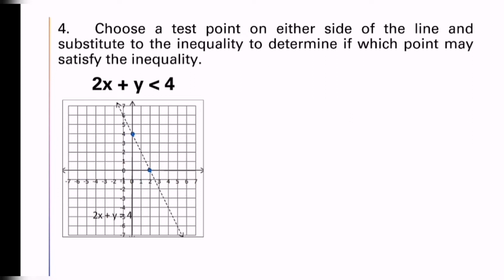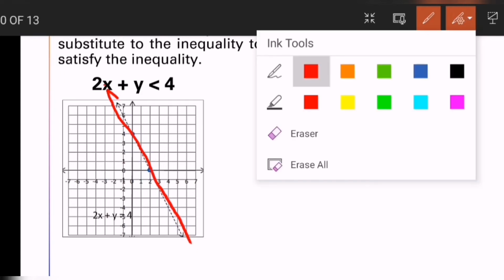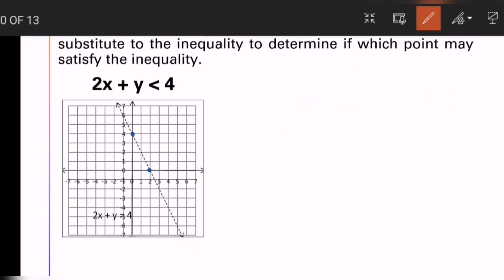Ang test point, okay, ay kahit anong point sa taas or sa baba or either side of the equation or the graph of the equation. So, meron tayong equation, itong graph na ito. Ayan. So, pipili lang tayo ng points na nandoon sa taas or sa baba.